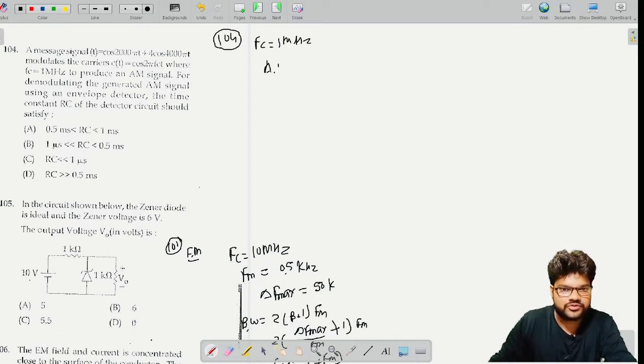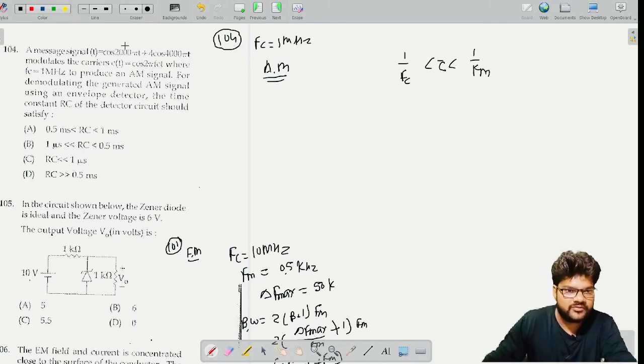For demodulating the generated AM signal using an envelope detector, the time constant RC has to be greater than 1 by fc and less than 1 by fm.